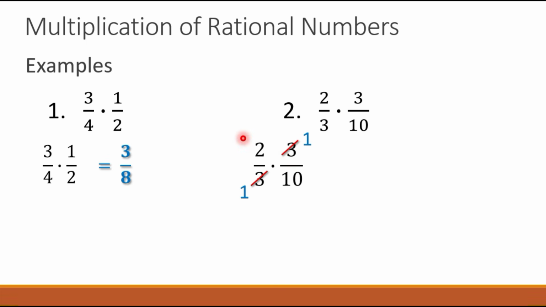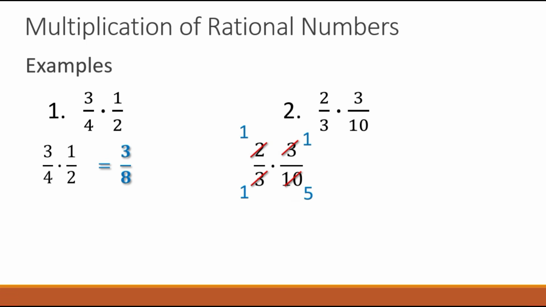Next, let's look for the common factors now of 2 and 10. What is the GCF or the greatest common factor of 2 and 10? Of course, that is equal to 2. So, we can cancel out 2 between these numbers. So, cancel 2, cancel 10. 2 divided by 2 is equal to 1. And then, 10 divided by 2 is equal to 5.